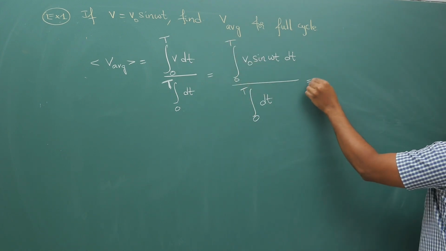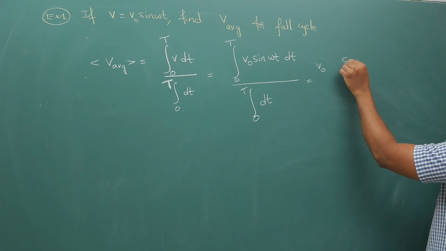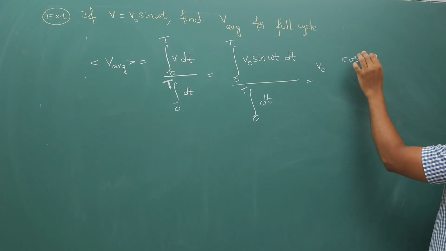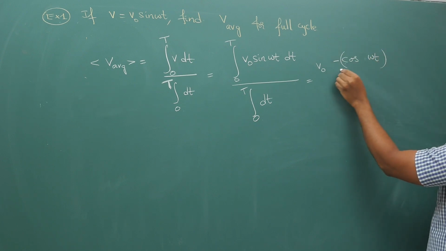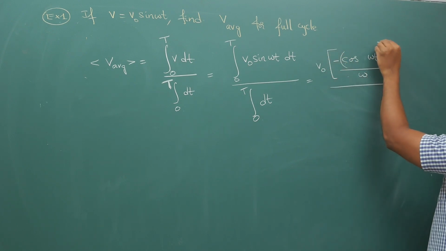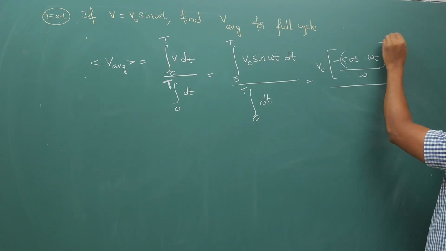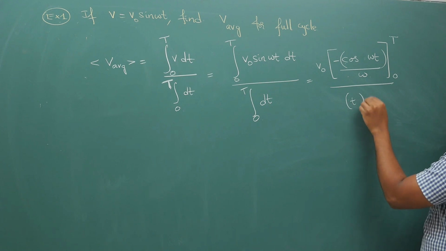So V naught, if you take it out, that will become V naught times integral of sin omega t, okay, derivative of cos omega t is minus sin omega t, so this will become minus cos omega t whole divided by omega, then whole divided by, so this is your integral value from 0 to T, and integral of dt is T from 0 to T.